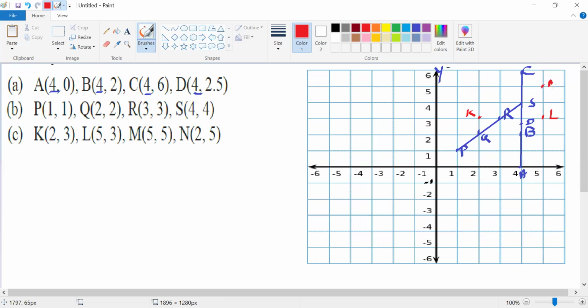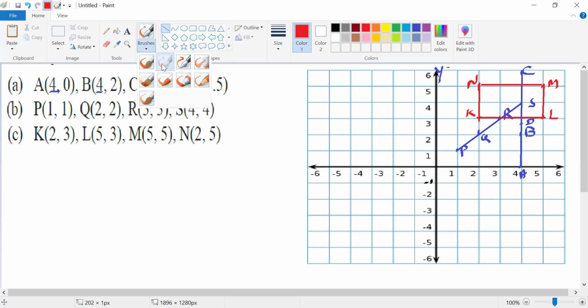So this is M. N 2 5. So this is not a straight line, right? What will we get when we join it? We get a rectangle. And one more, let us do.